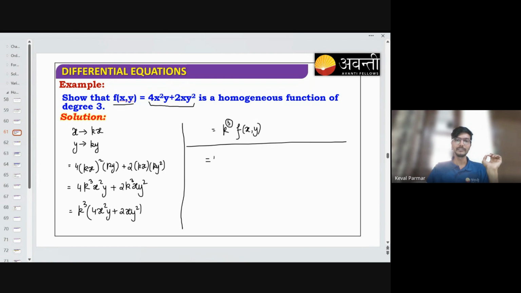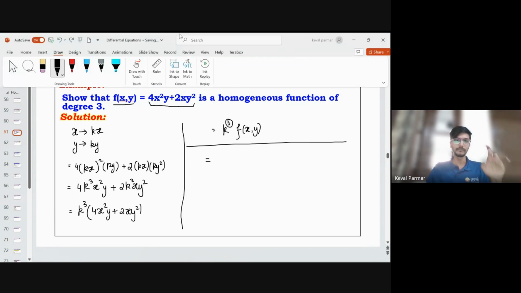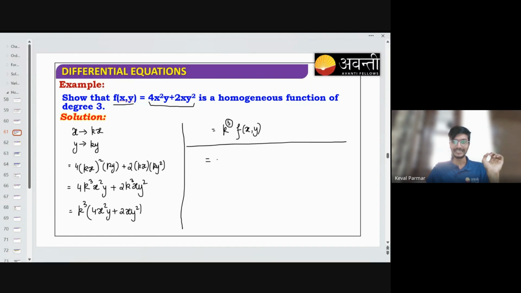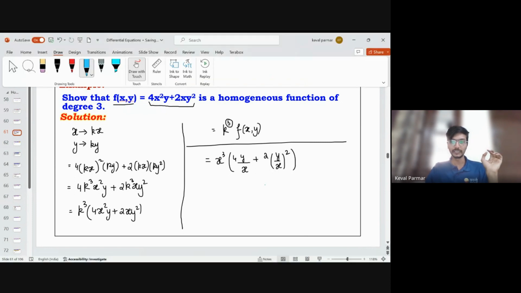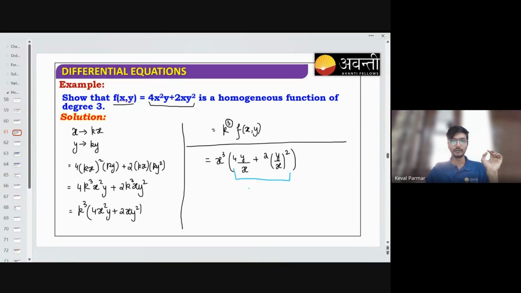So what I'll get is x cube into 4y upon x plus 2y upon x the whole square. Now, as you can see, this is a function of y upon x.